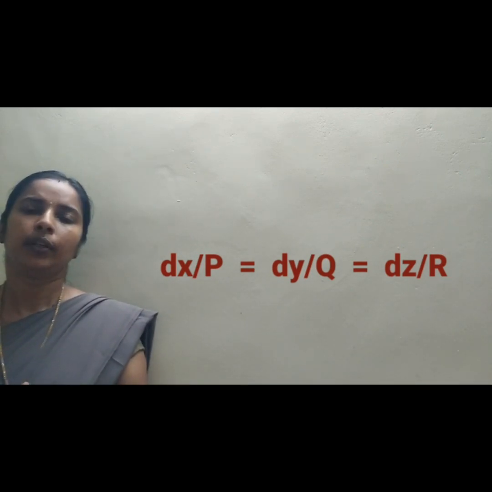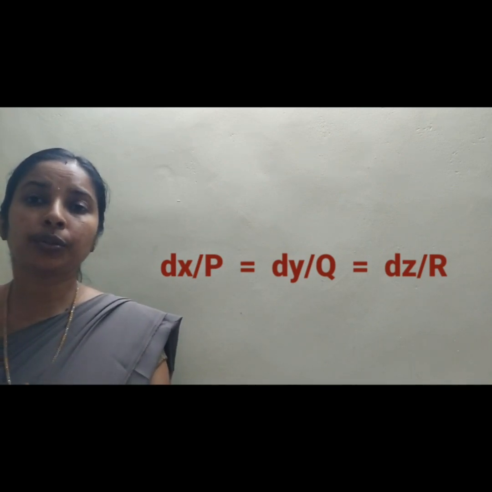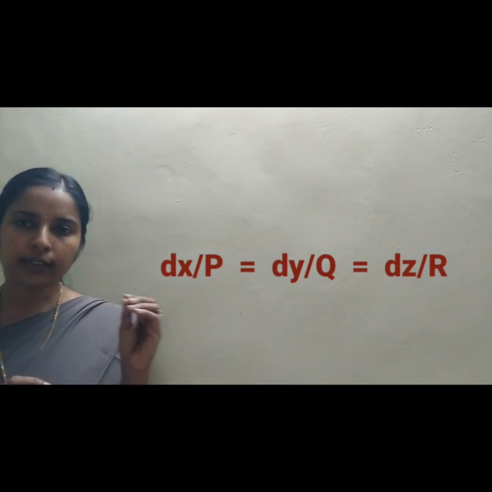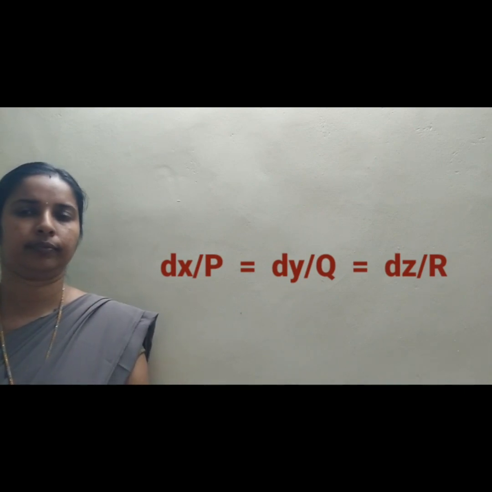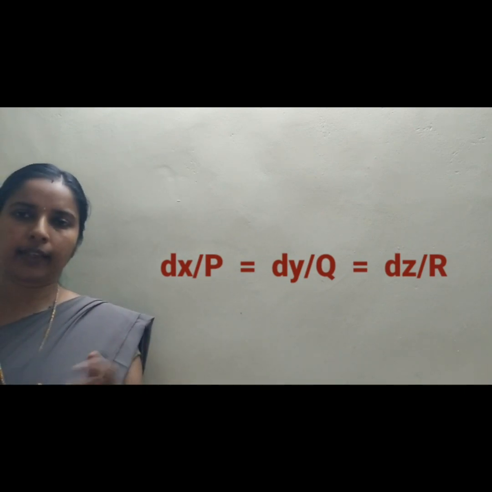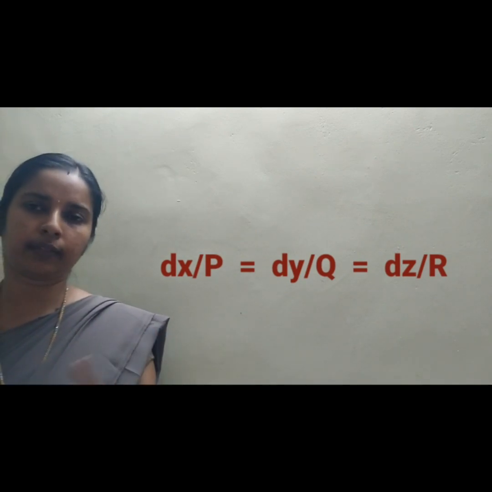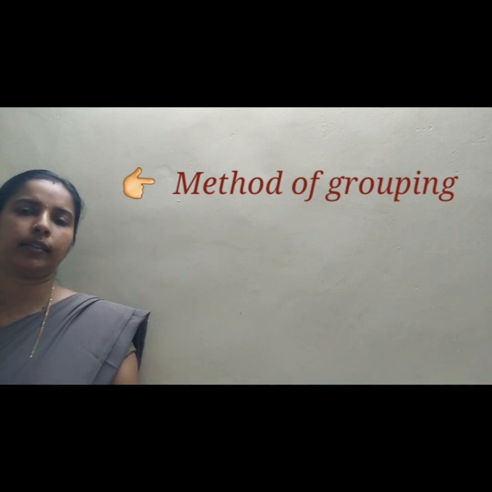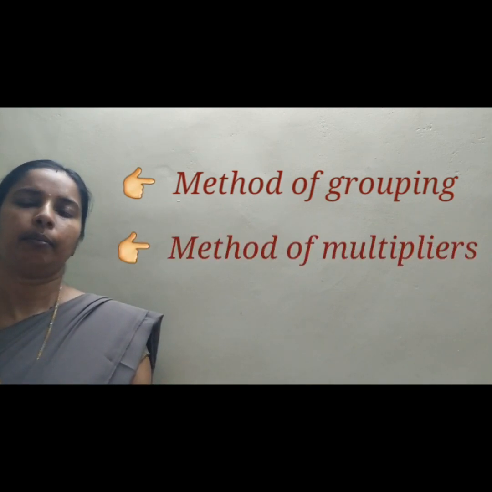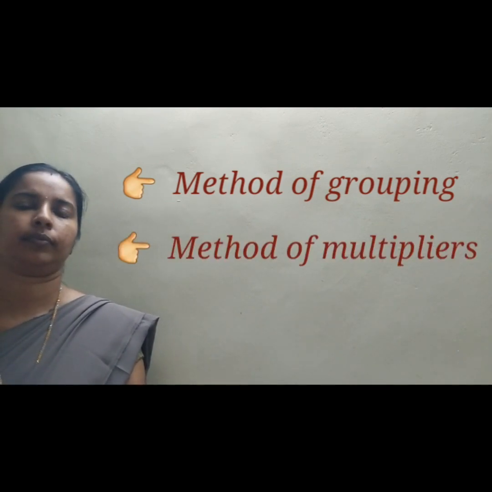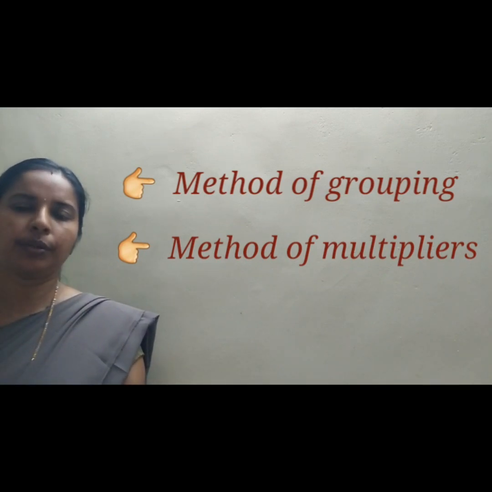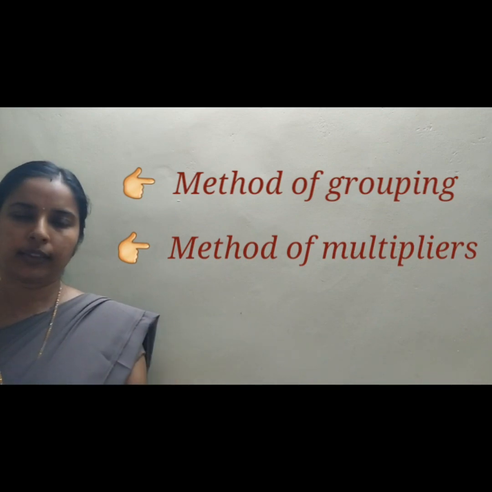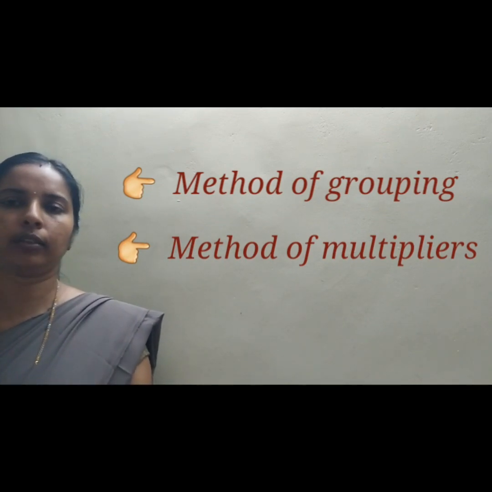Step 2, you try to find two solutions of this auxiliary equation. There are two methods for solving this auxiliary equation. Method 1, grouping method. Method 2, method of multipliers. You use a suitable method for getting two solutions.